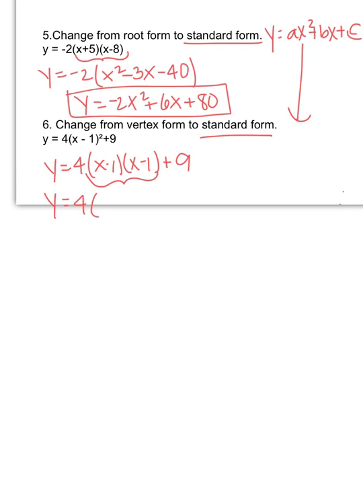So we can do those mentally. So that'd be x squared. We're adding -1 and -1, which makes -2x. And then we're multiplying to get +1. I now need to close my parentheses, and then I'll bring down that plus 9. From here, we're going to distribute the 4.